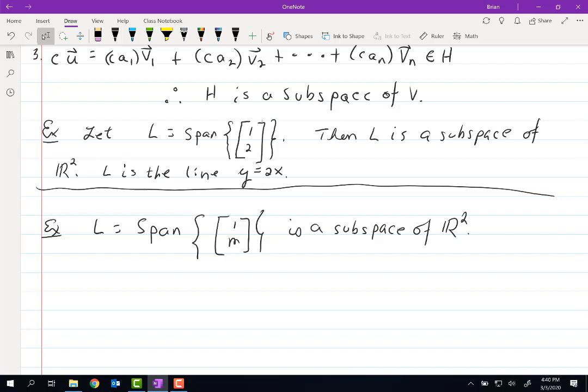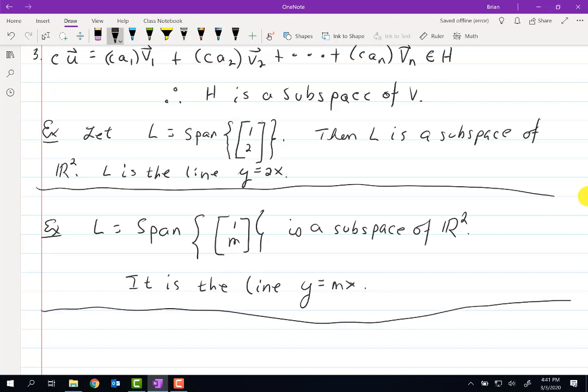In fact, it is the line y equals mx. And you'll find out, although I don't prove it here, that the only subspaces of R squared are these lines through the origin like this, y equals mx. But you can see, once you see it's a span of that, you know you're in business.